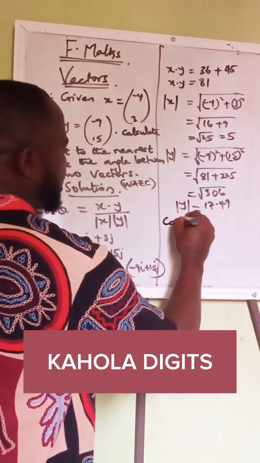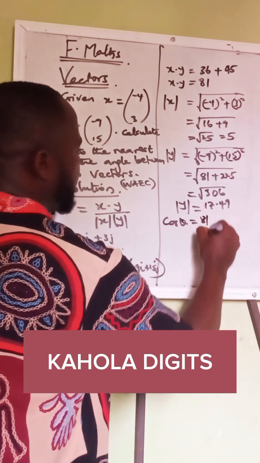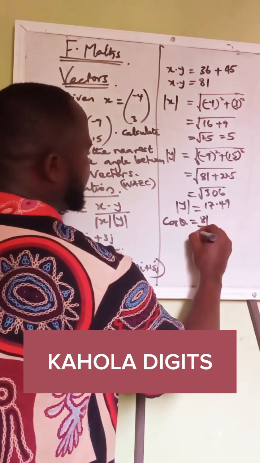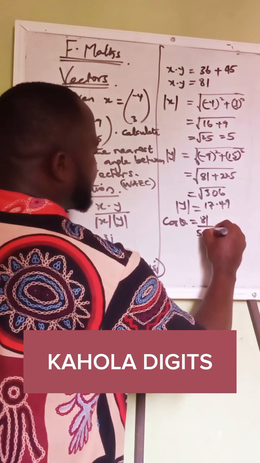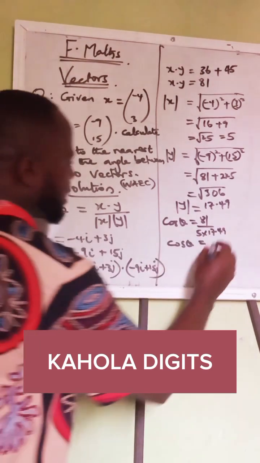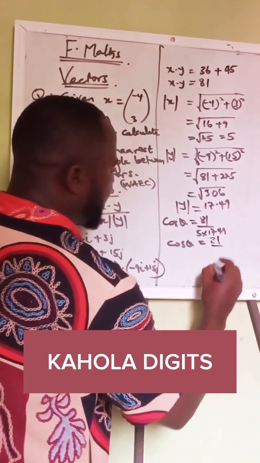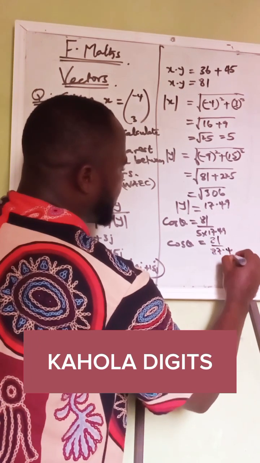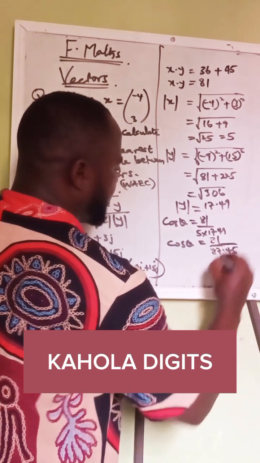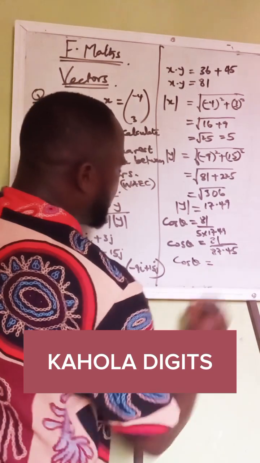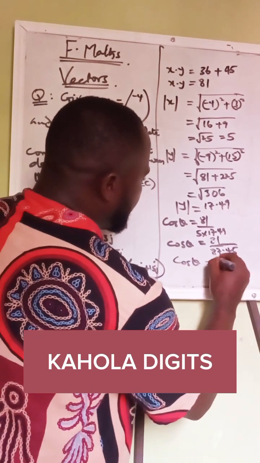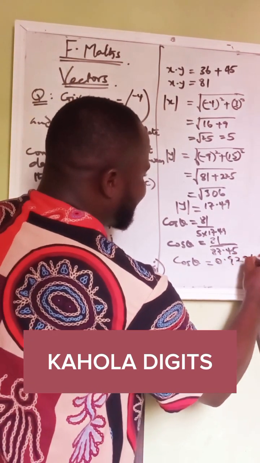Then cos theta will be equal to 81 divided by 5 multiplied by 17.49. Cos theta will be 81 divided by 87.45, which is 0.9296.